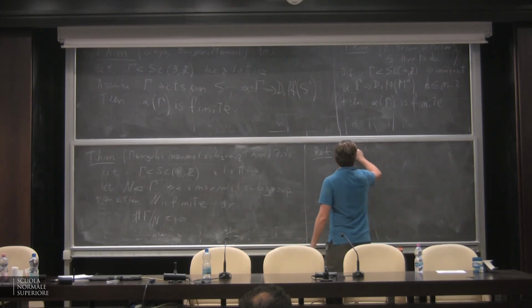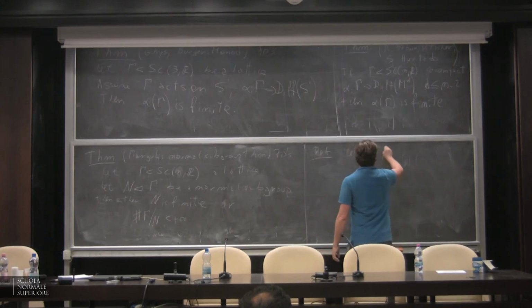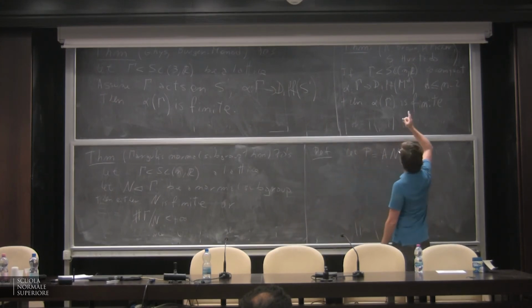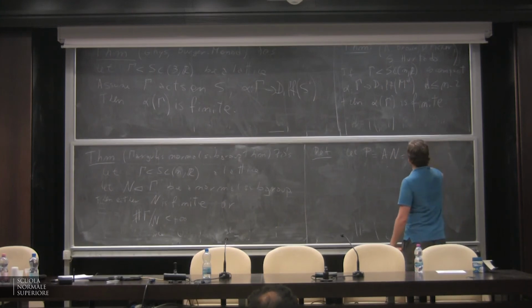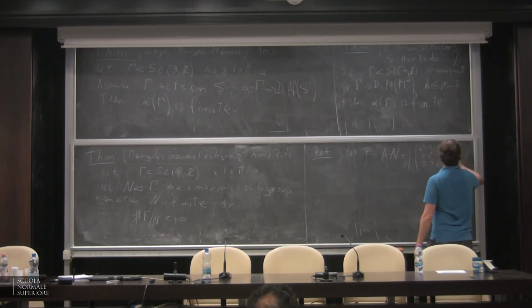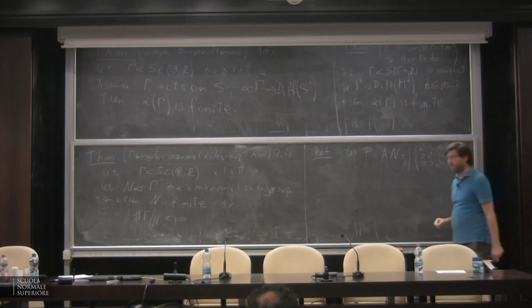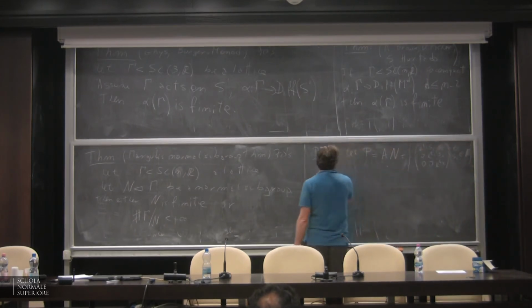So let P be A times N, the N I defined before and the A, so this is just upper triangular matrices. This is a subgroup of SL3R, and it is called the Borel subgroup.